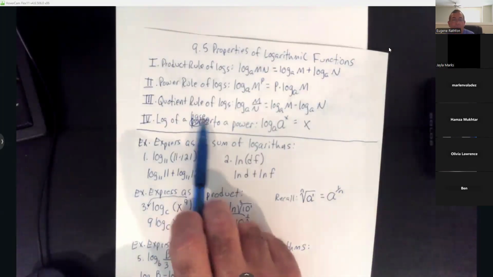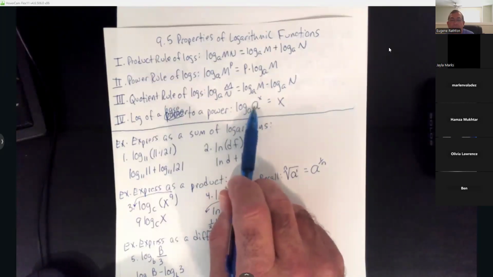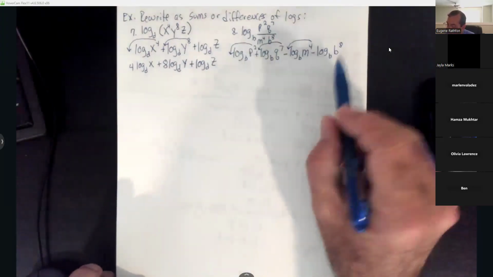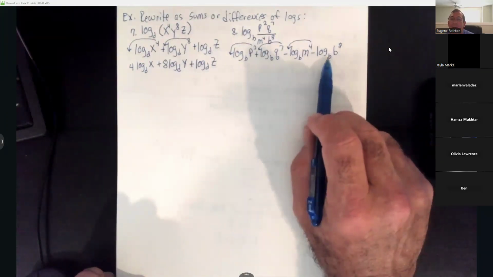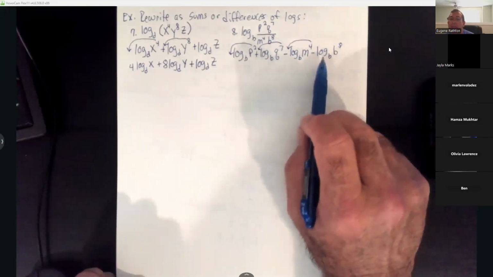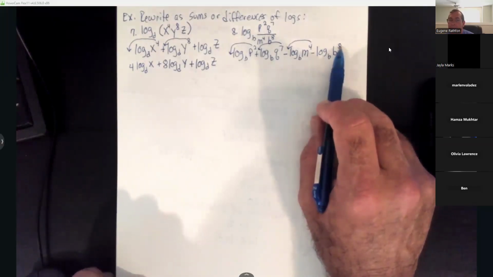Right here, the log of a base to a power. Well, if the base of the log matches the base raised to an exponent, it always equals the exponent. So y'all look here, I got that happening right here. I got a log base B of B to the eighth. So this last term is going to equal nothing but the 8.